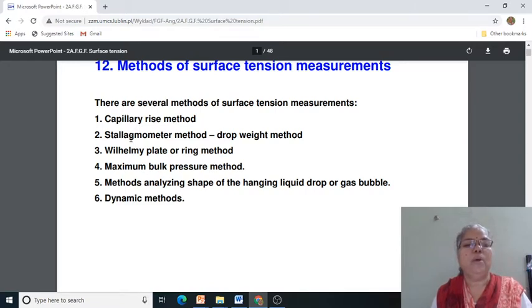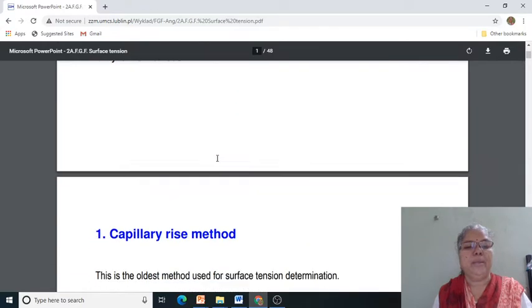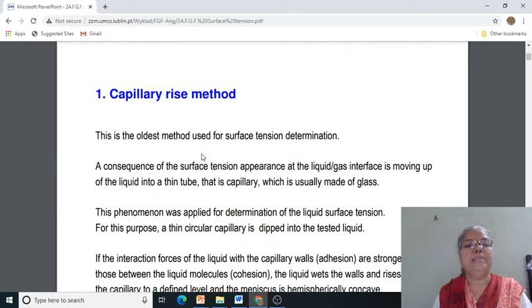Last time we have seen the stalagmometric method in the determination of surface tension. We have seen the drop weight method as well as drop number method, and now we are going to see the capillary rise method. Here the capillary rise method is the oldest method used to determine the surface tension.